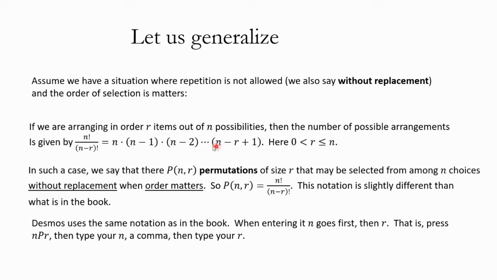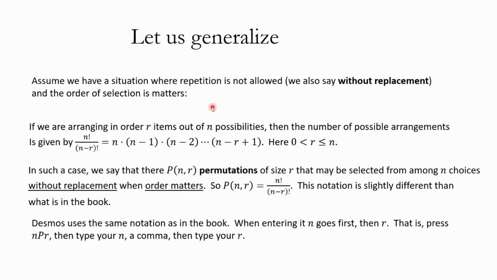I know this one looks a little scary, what I have here, but it's really just the same as this. And in fact, you don't have to memorize this because you really just have to know it's a permutation. Namely, we have a permutation of size r that may be selected among n choices.